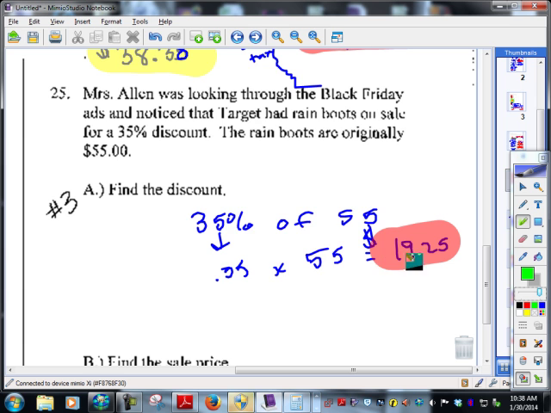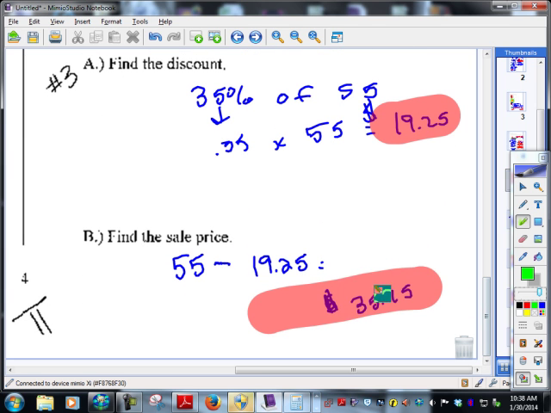And then you need to subtract your discount from the original amount, $55, to get $35.75. Everybody see that? Are we good?